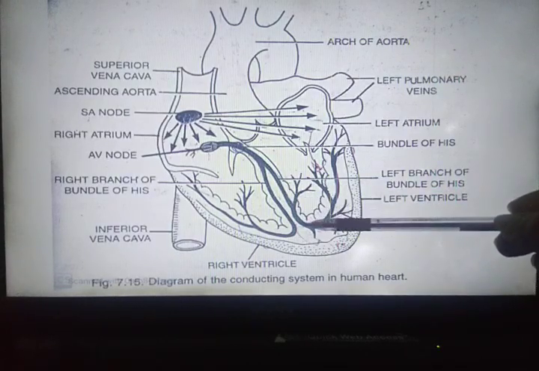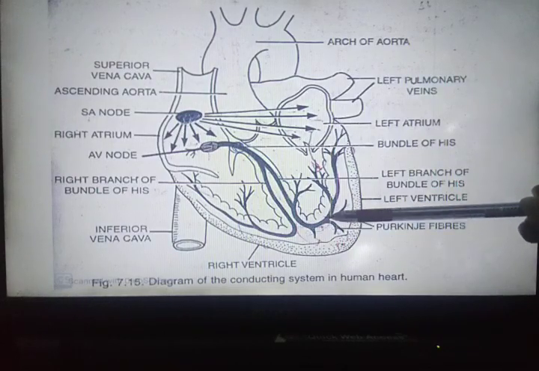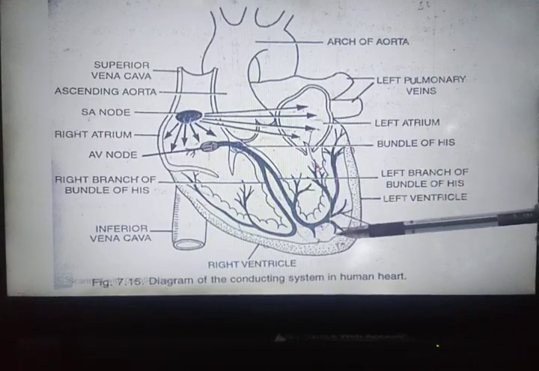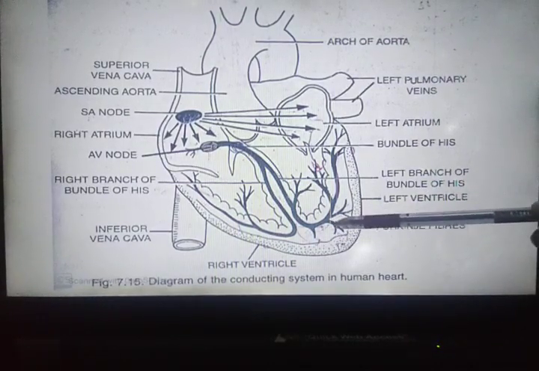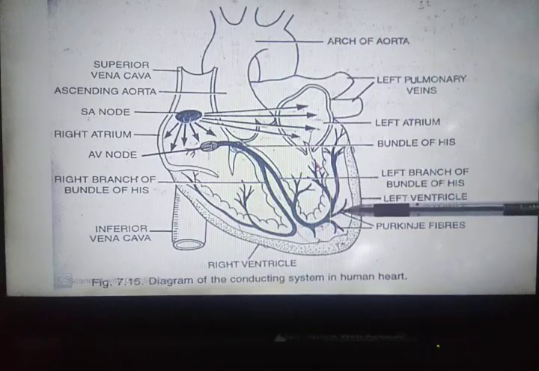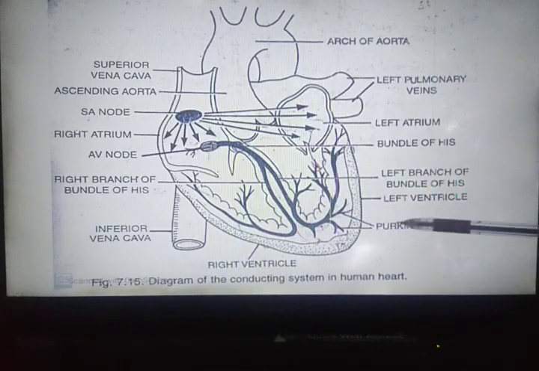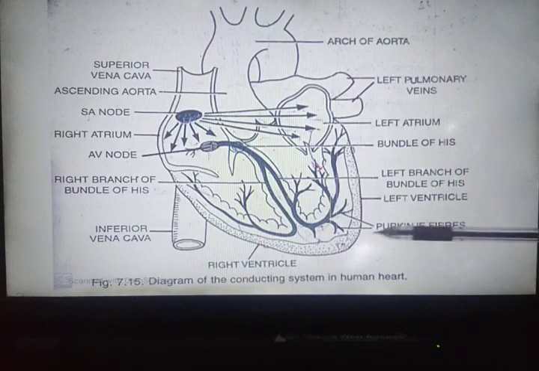Now in the left ventricle, this left branch of bundle of His further divides to form fine fiber like structures, or fine thread like structures into the wall of the ventricle, which are known as Purkinje fiber.